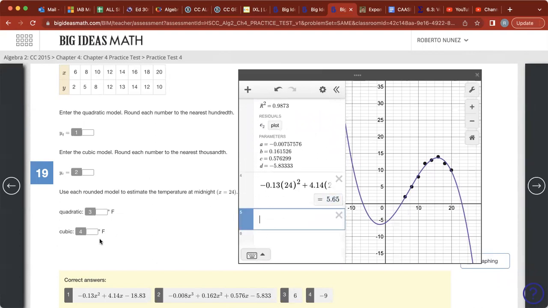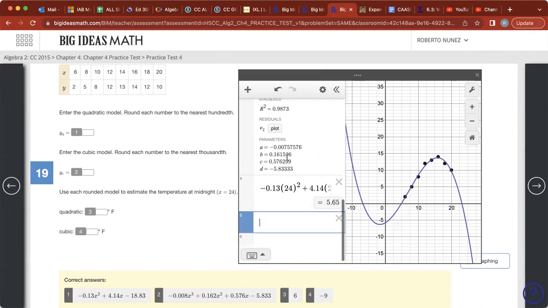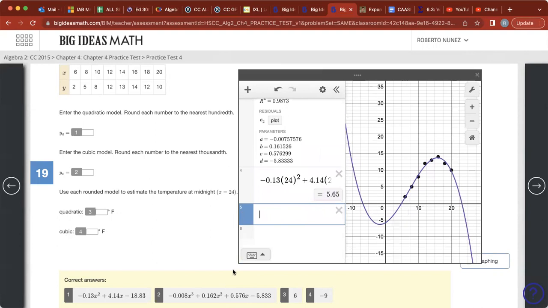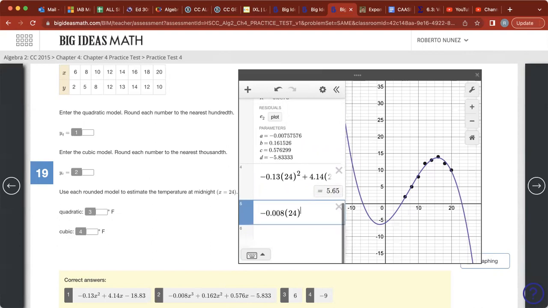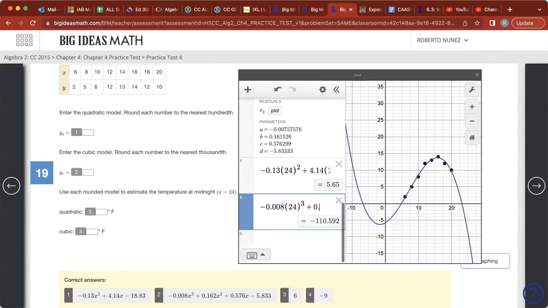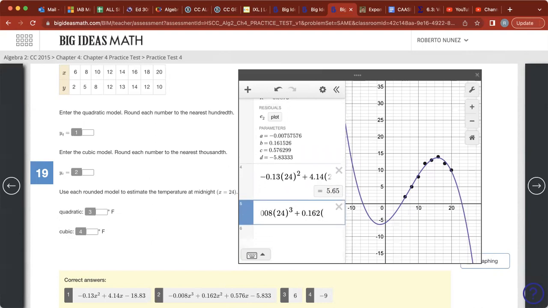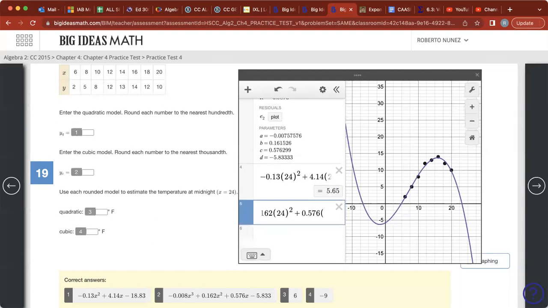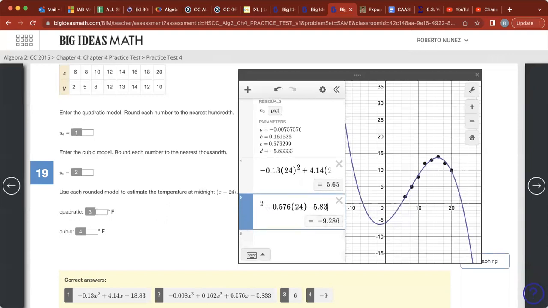And then we do the exact same thing, but now for my cubic function, so the one we just got over here. So same deal, we're going to rewrite our model. And instead of an x, we're going to put a 24 and repeat negative 0.162, 24 to the second, plus 0.576 times 24, and then minus 5.833.